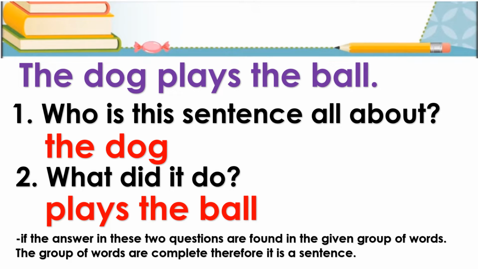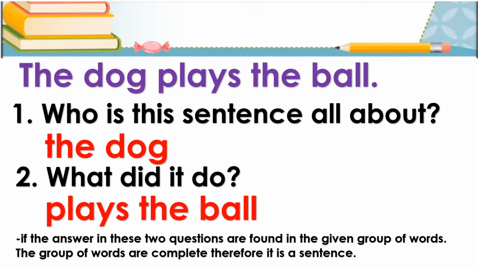If the answer in these two questions are found in the group of words, the group of words are complete. Therefore, it is a sentence. Kapag po ang dalawang tanong na ito ay masasagot dun sa ating sentence, yan, tungkol kanino o saan ang ating pangungusap, that is the subject, at ano ang sinabi dun sa ating subject. Ano ba ang ginawa ng subject o inilarawan ba ang ating subject? Paano ito inilarawan?